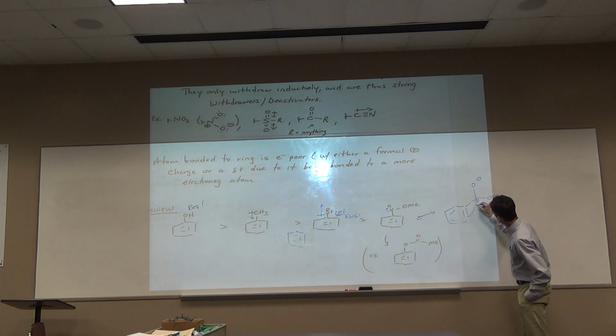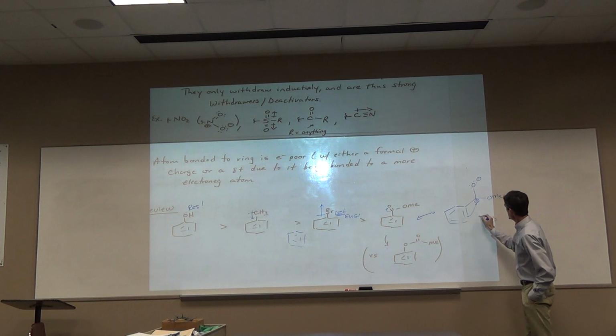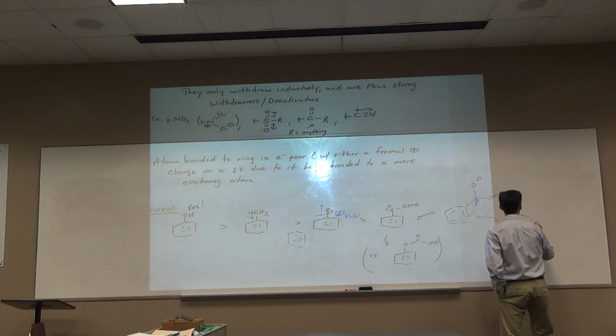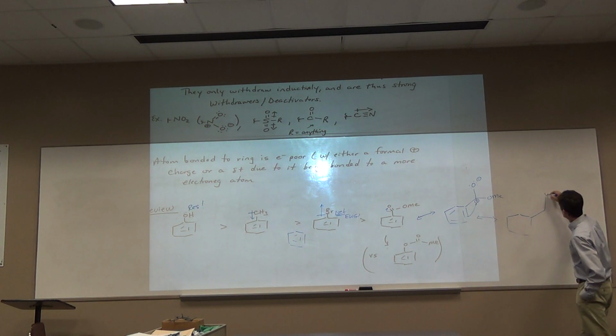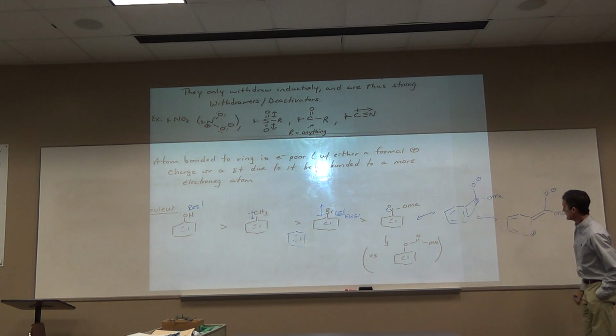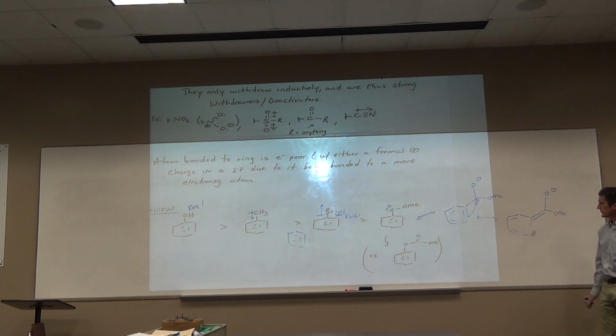But at this point, we can do additional resonance structures, and we start putting positive in the ring. And that's not good for EAS, because in EAS you form a positive in the ring.